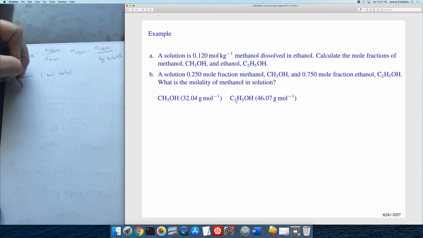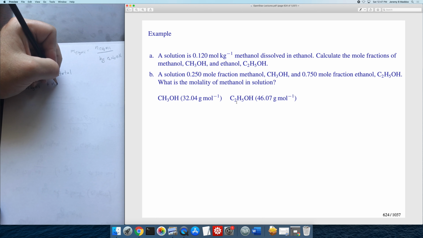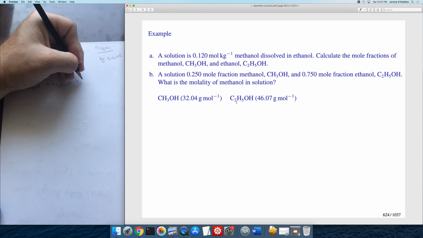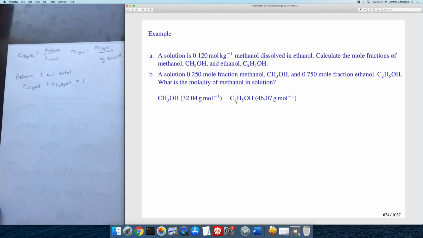That is, we're assuming that the number of moles of methanol plus the number of moles of ethanol adds up to 1. So you take the mole fraction and multiply it by 1 mole total, and then that's going to give you the number of moles of methanol.